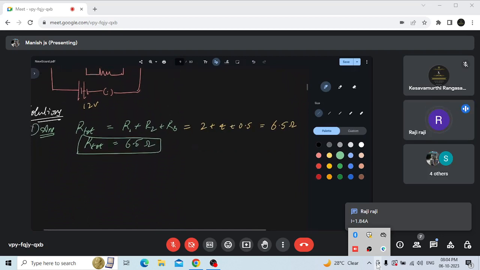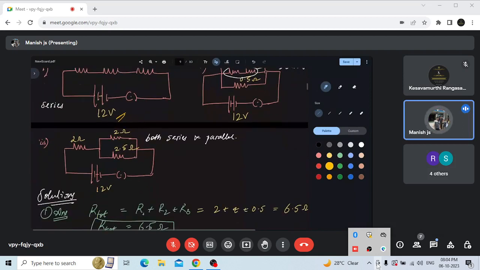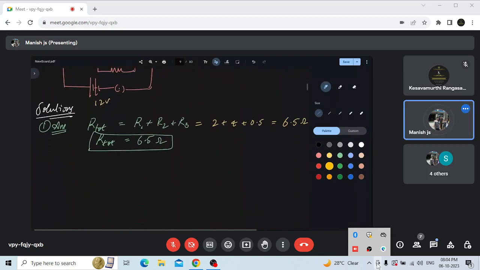You can see that the potential is already given by the battery, which is 12 volts. From Ohm's law, we know that V equals IR, and we want to find I. So you rearrange for I. I is equal to V upon R, which is 12 upon 6.5.